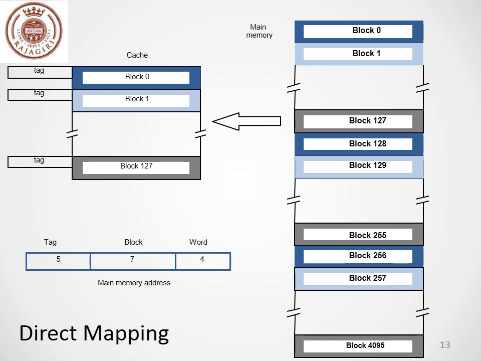Okay, so this is how direct mapping works. Now, at a particular point of time, how will we know which block, whether it is block 0 or block 128 or block 256 of the main memory, is currently residing in the cache? For that, we can look at the main memory address.